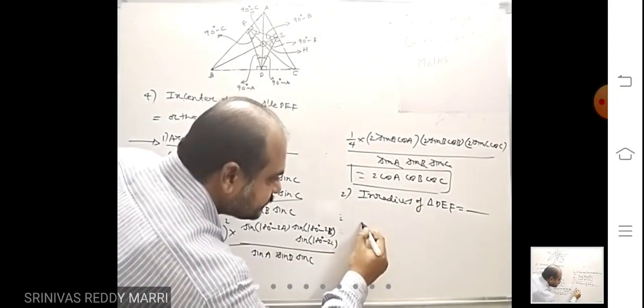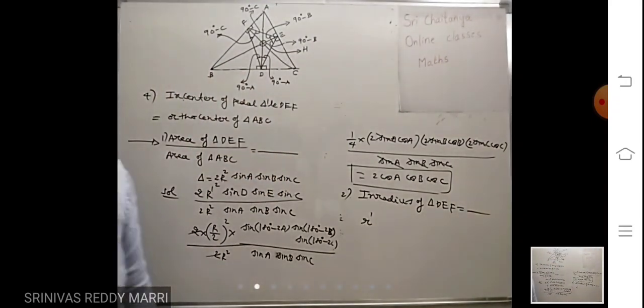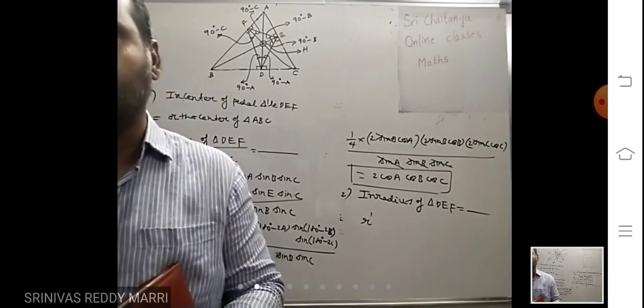Inradius is r; here let us say r dash. For triangle ABC, inradius is r. What is the formula for r?